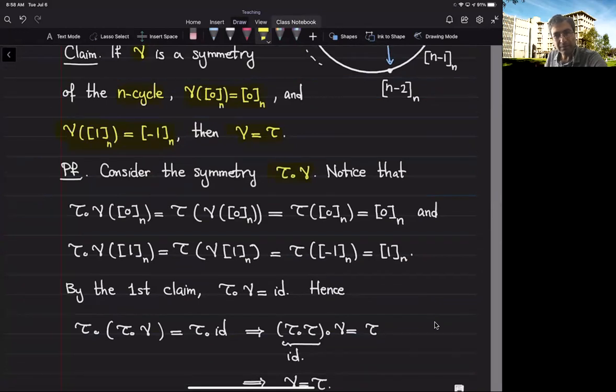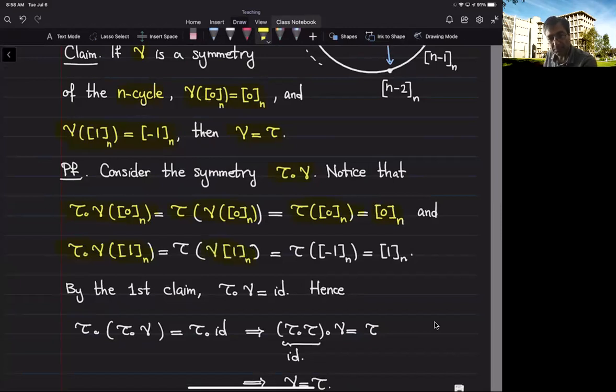Notice both gamma and tau fix the point 0. Therefore, the composite also fixes the point 0, because the composite is tau of gamma of 0, but gamma of 0 is 0, and tau of 0 is 0. So the composite also fixes the point 0. Now, how about what the composite does to the point 1? Gamma sends 1 to -1.